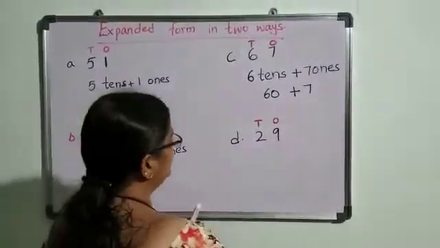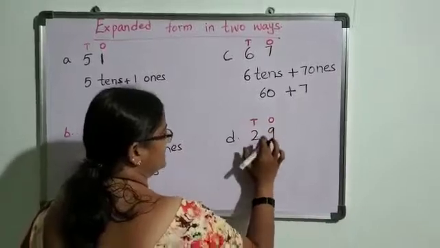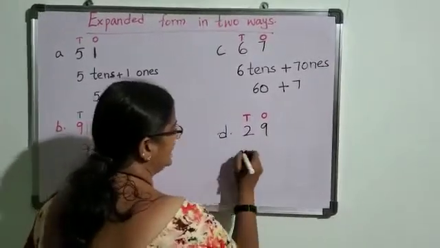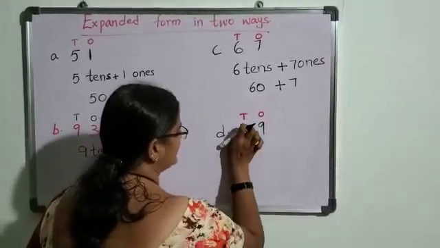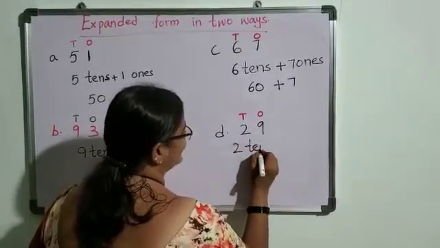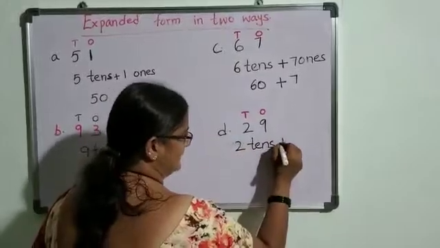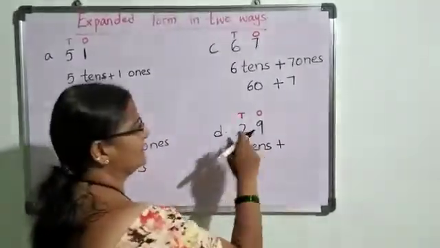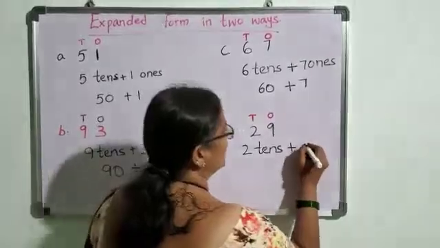Now 2 is in tens place. So 2 tens. Plus. Next 9 ones.